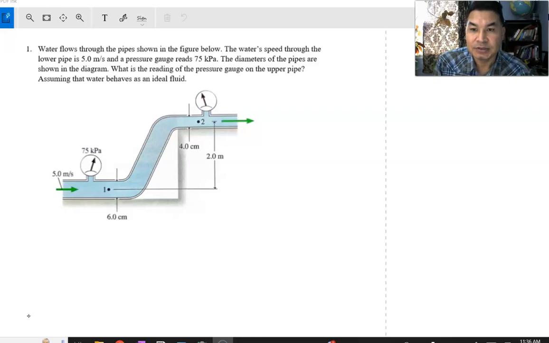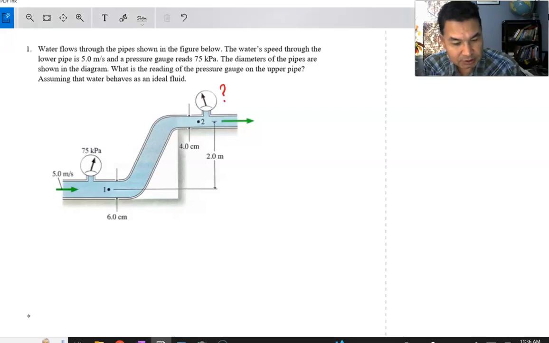The pressure gauge, which measures the pressure in this region of the fluid, reads 75 kilopascals. Based on this information, it's asking what's the pressure gauge reading connected to the upper section of the pipe. That's the question.